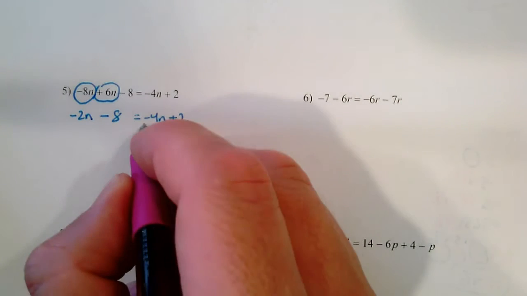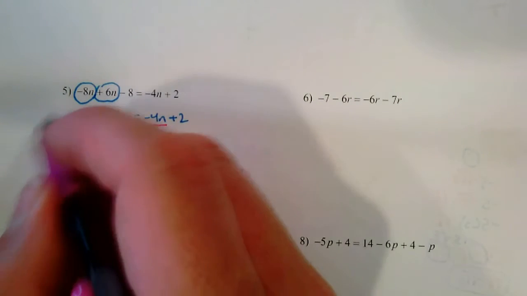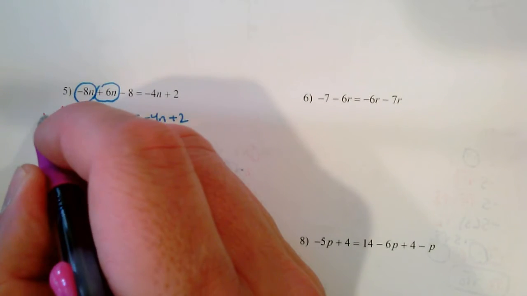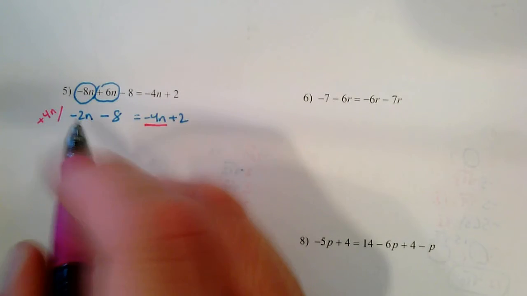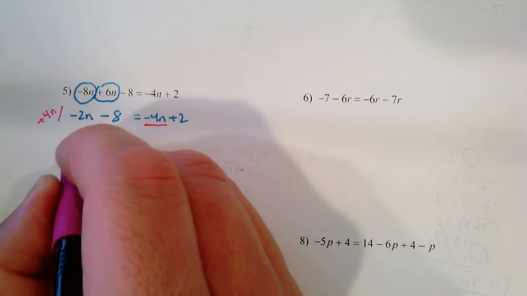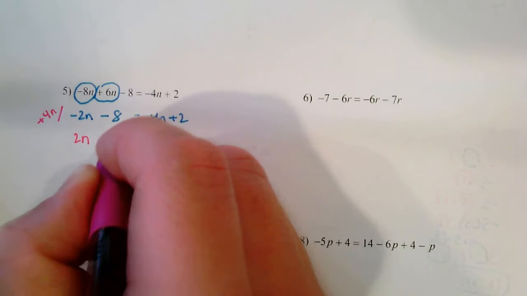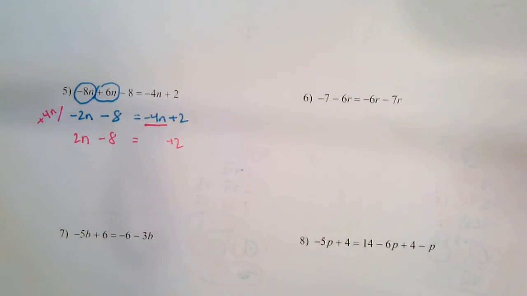That means we need to get rid of this negative 4n over here because it's on the wrong side. So we're going to add 4n to both sides. So negative 2n plus 4n is a positive 2n. The negative 8 isn't affected. Over here, that just goes away, and we have the negative 2.